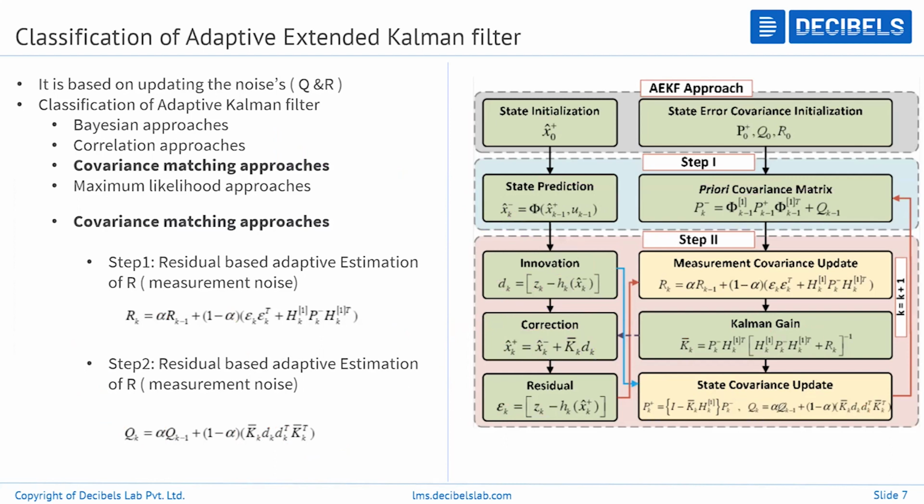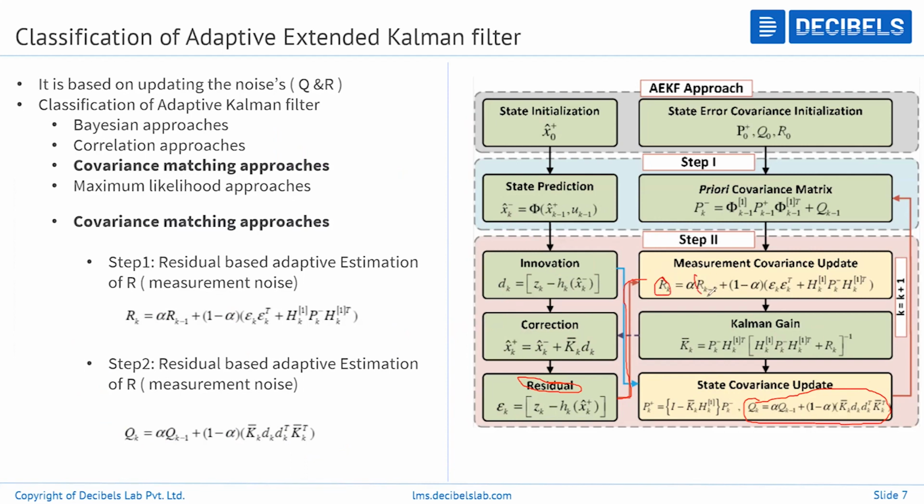So now the Q we got to know. And next, once you calculate the residual step, you are going to update your measurement covariance. That is the measurement covariance update. So this R of K. So what are the inputs?